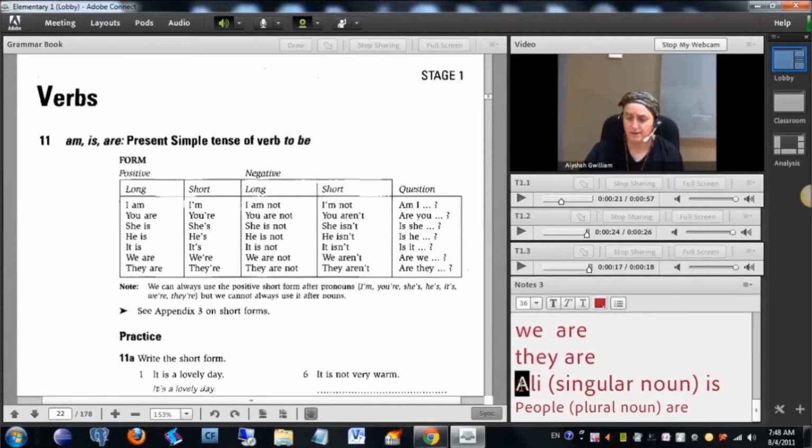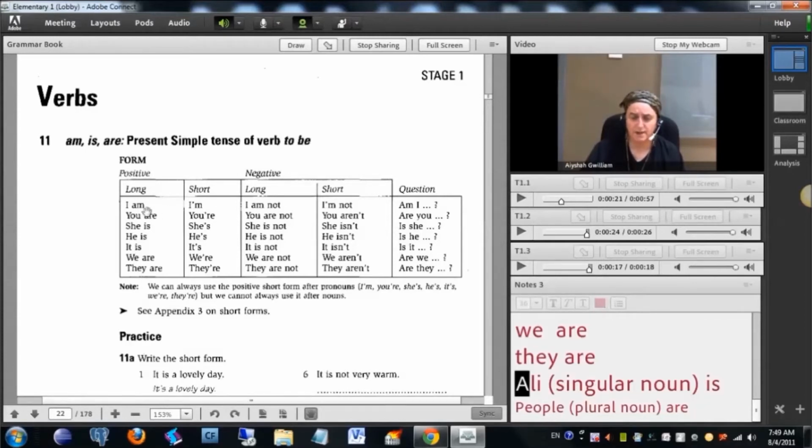Okay, let's go and have a look at this page, which is page 16, and it's called Verbs. This page should have been given to you by your teacher. If you look at this table here, okay, on the table it has the verbs to be and the pronoun. It also has the long way of writing and the short way.